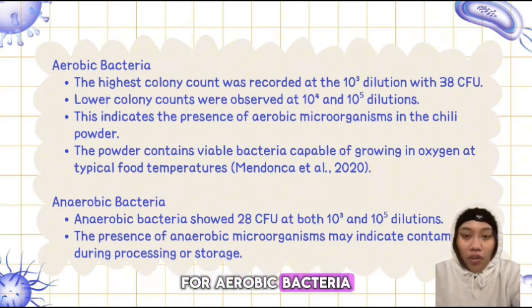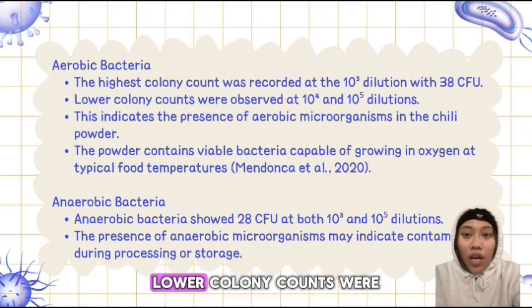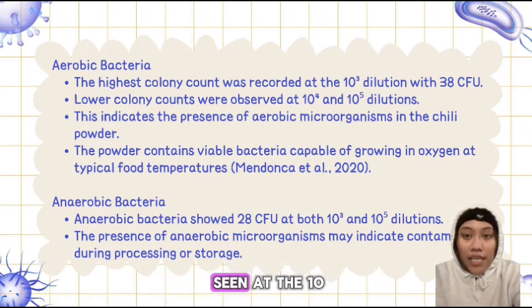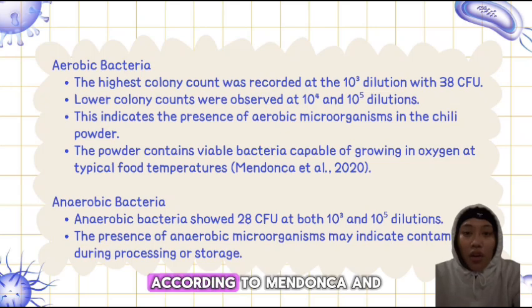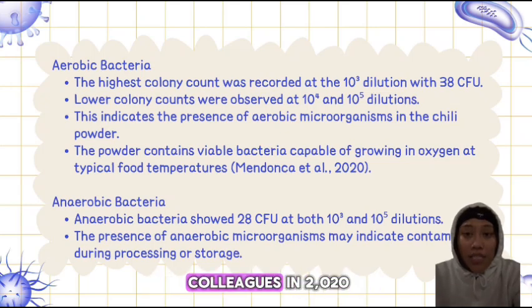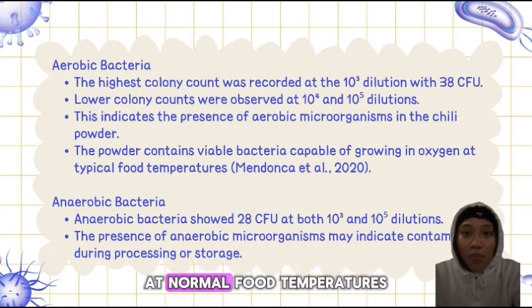Aerobic and anaerobic bacteria. For aerobic bacteria, the highest colony count was observed at 10^-3 dilution with 38 CFU. Lower colony counts were seen at the 10^-4 and 10^-5 dilutions. This confirmed the presence of aerobic microorganisms in the chili powder sample. According to Mendoza and colleagues in 2020, these bacteria are able to grow in oxygen at normal food temperatures.